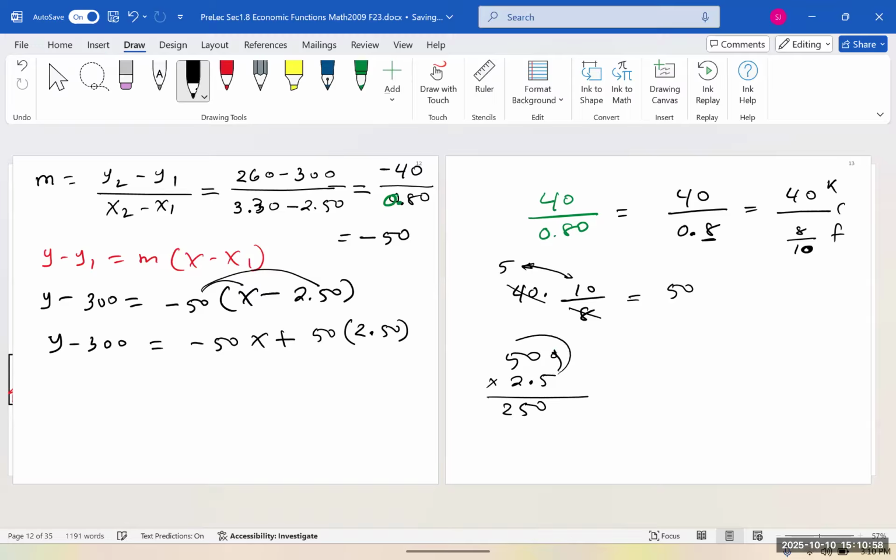5 times 0 is 0. 5 times 5 is 25. Then you have 2 times 0 is 0, and 2 times 5 is 10. 1250. And you put the decimal after one place because the decimal is here after one place.